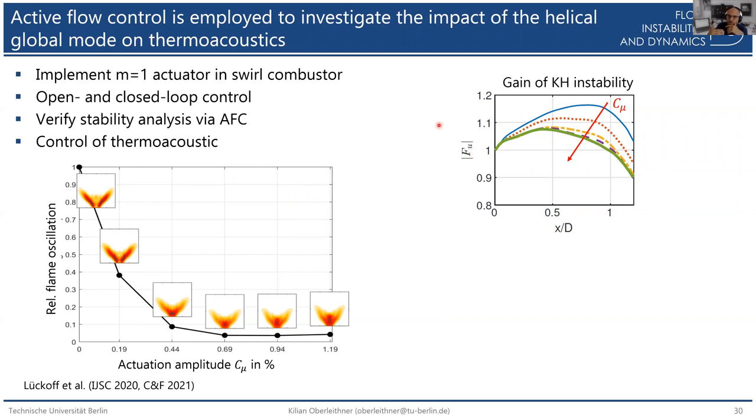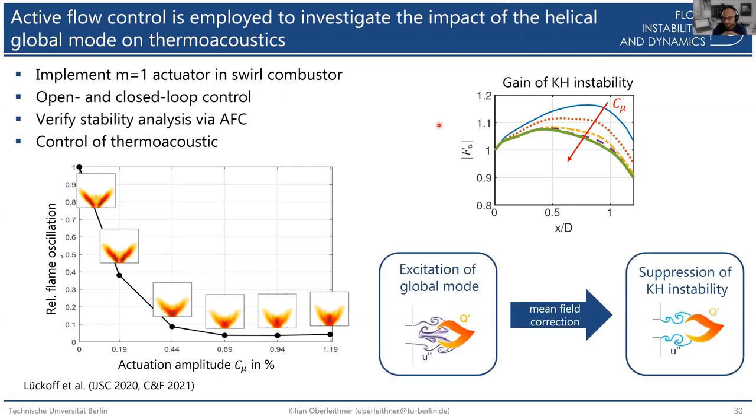And this reduction of gain of the KH instability then reduces the gain of your flame response, and that then stabilizes the thermoacoustic oscillations. So in simple words, you excite a global mode that corrects the mean field such that you have a suppression of your KH instability, which then reduces the coupling with heat release and suppresses your thermoacoustic oscillation. So although there is no direct effect of our global mode on the thermoacoustics, there is an indirect effect via the mean field.